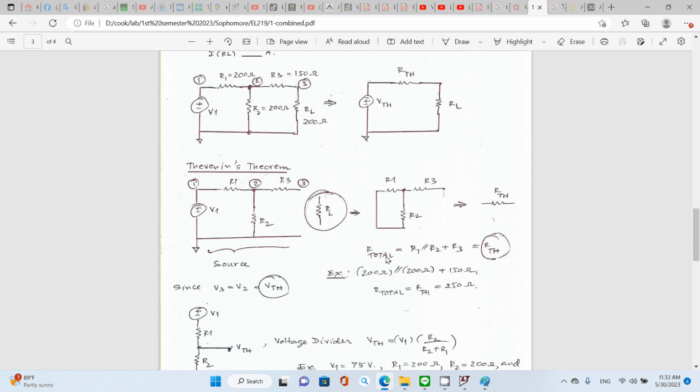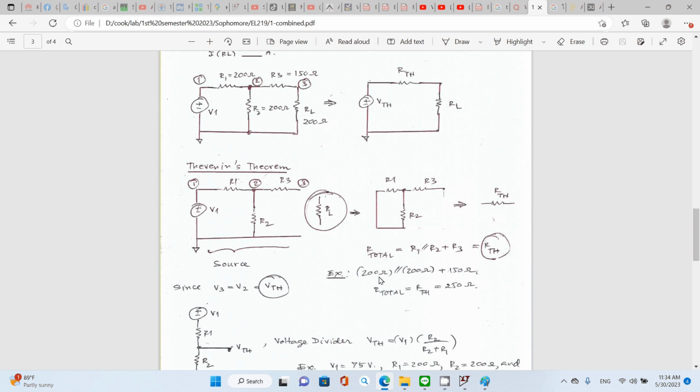So your R total is going to be R1 in parallel with R2, plus R3. Straightforward. That's equal to RTH. For example, in the circuit, you have R1 equal to 200 ohms, R2 is 200 ohms, and R3 is 150 ohms. So your R total becomes 250 ohms.